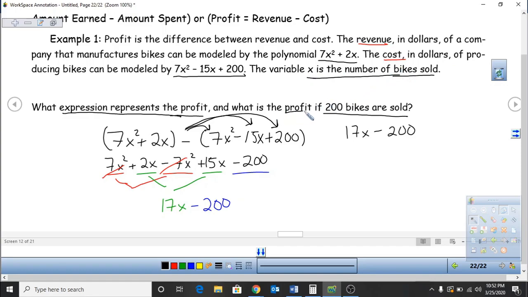So it's telling me that x must stand for the number of bikes I sold. So if I want to know the profit for 200 bikes, I can take this 200 and substitute it for x. Anytime I see an x, I'm going to replace it with the number 200. So right here, I'm going to take 17, and wherever I see x, I'm going to put the number 200, and then I'm going to put minus 200, okay?